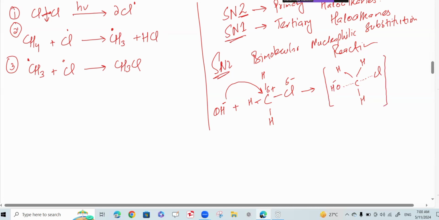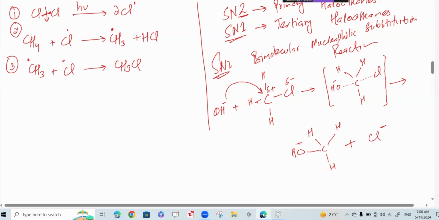This is not an intermediate, it is short-lived. Then the final products are formed. This gets detached and this gets attached, so you will find hydrogen, carbon, hydrogen, hydrogen, like this, with OH. There is 100% inversion of configuration.